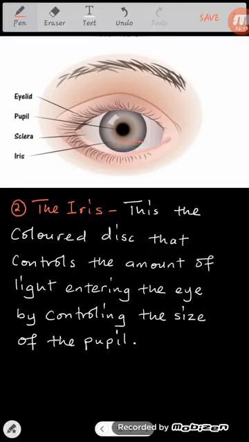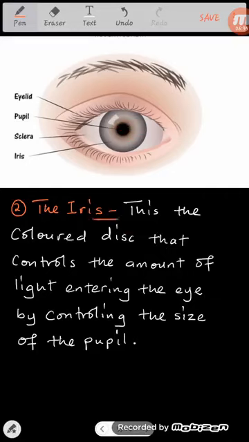Other people have got brown eyes. Other people have got blue eyes. Other people have got gray eyes, and yet other people have got green eyes. So when we're talking about the eye color, we're simply talking about the color of the iris.